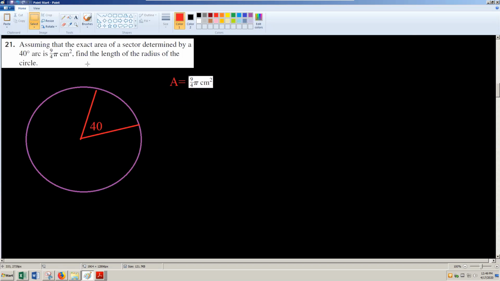Okay, so find the length of the radius of the circle. So if I know that this is the area for this sector, then what I can do is just back my way out by plugging in what area equals. So area equals the central angle over 360 times pi r squared.